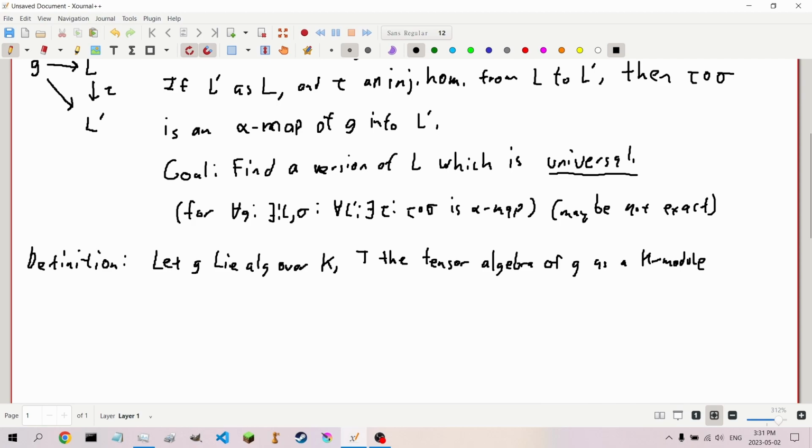So let me quickly unpack this here. If you don't recall, the tensor algebra consists of the direct sum of every possible tensor product of copies of G. So essentially we have our 0th index is K, our first one is going to be G as a module, the next one is going to be G tensor G, the third one is going to be G tensor G tensor G, and so on.